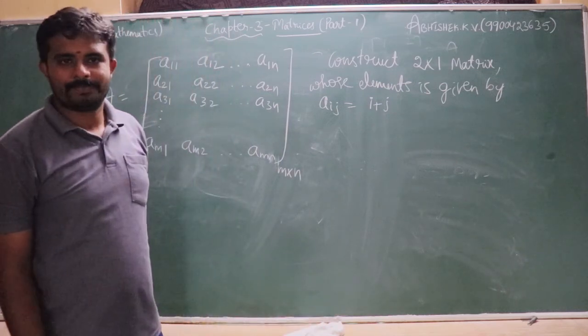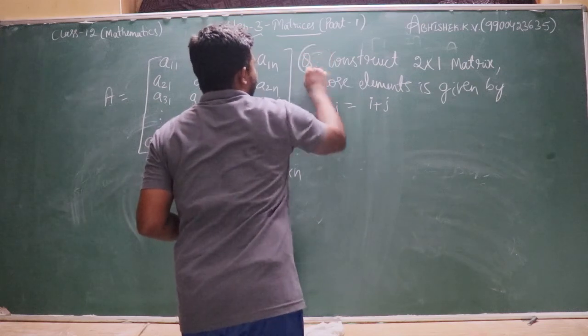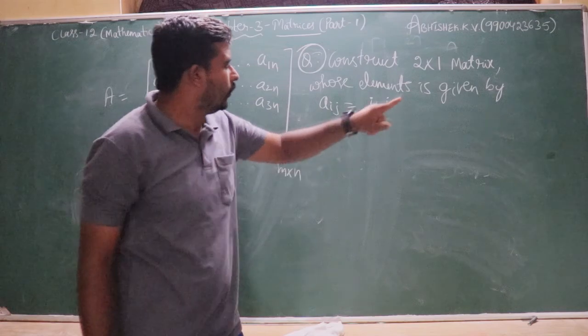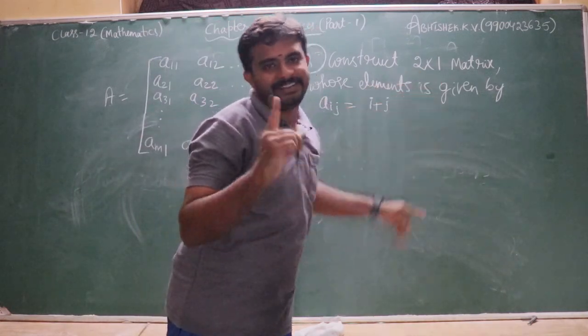First we should analyze the question. For a 2 cross 1 matrix, I already told you, the first number represents rows and the second number represents columns.